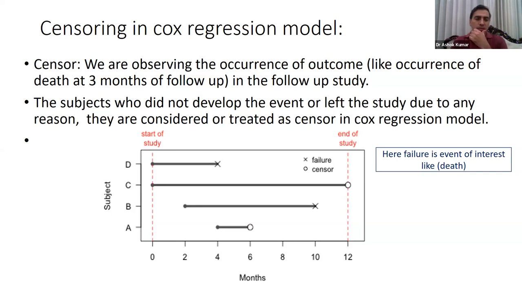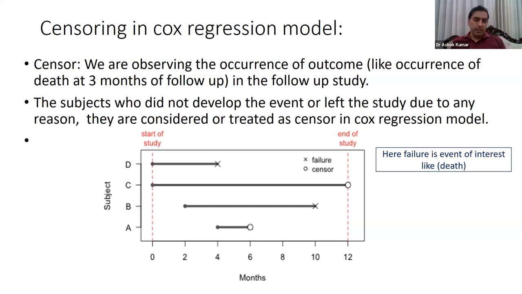So you have to remember this. The subjects who did not develop the event till the last follow-up day, or were lost to follow-up due to any reason, are treated as censor in Cox regression model.